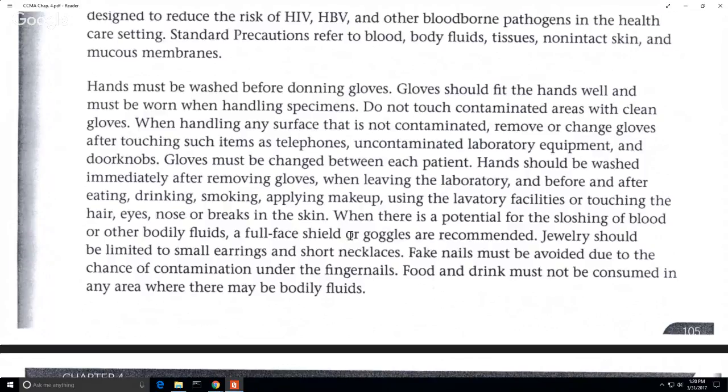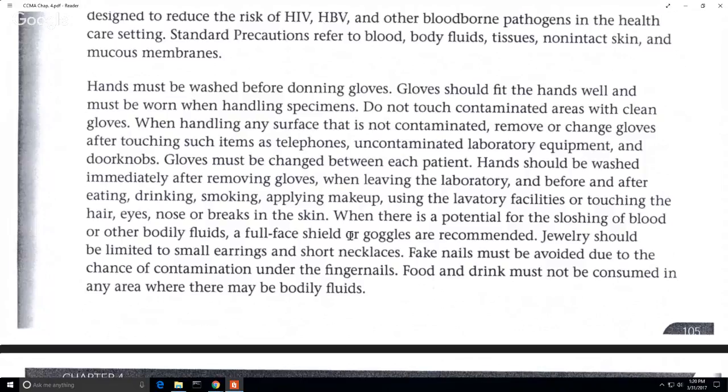When there is a potential for the splashing of blood or other body fluids, a full face shield or goggles are recommended. Jewelry should be limited to small earrings and short necklaces.